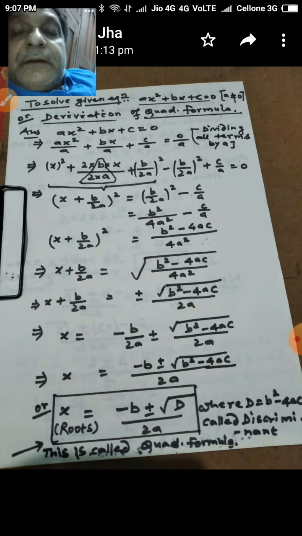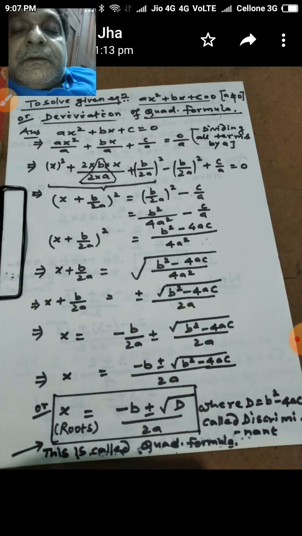So let us take how to solve the general form of quadratic equation ax square plus bx plus c equal to 0, where a is not equal to 0. So let us solve this equation. Students, it is actually the derivation of the quadratic formula.